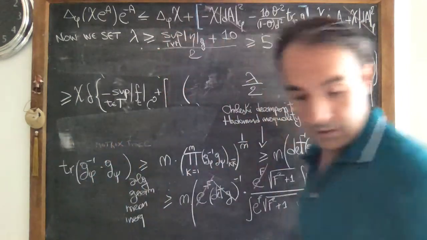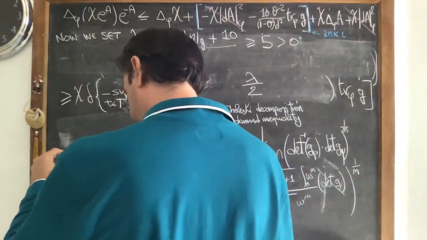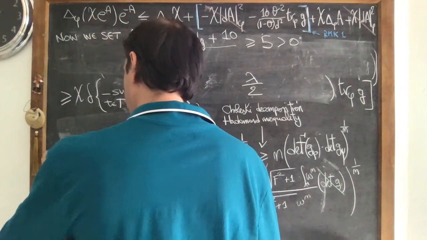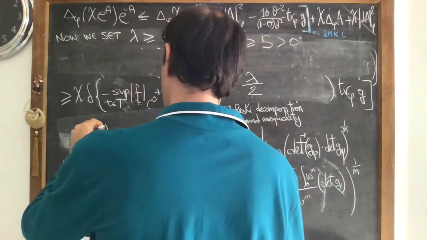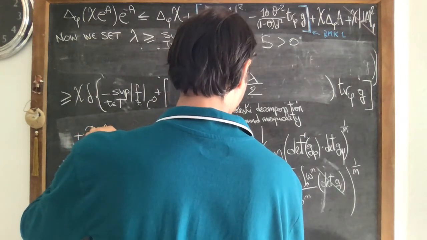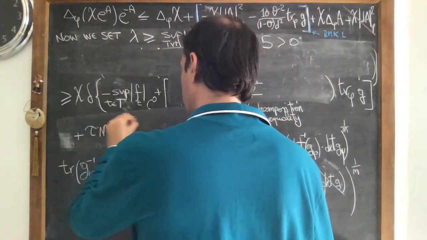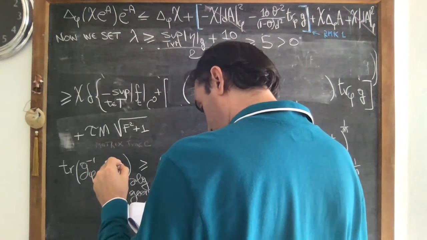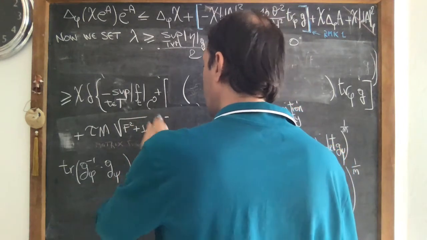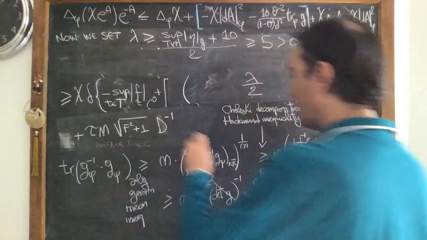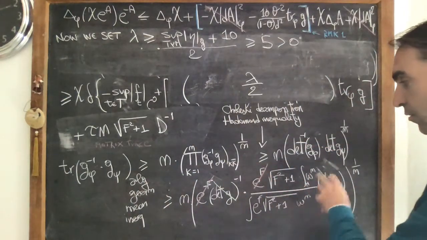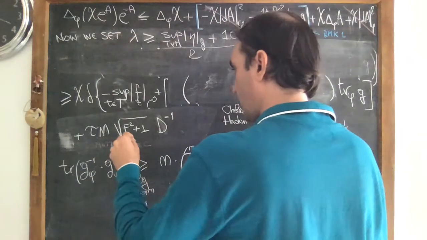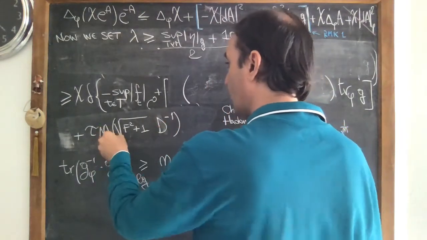So here we end up with plus tau times n times the square root of capital F squared plus 1, times D, capital E, D to the minus 1, which is a constant representing this ratio of integrals. We introduced this capital D when we first introduced C. Everything raised to the power 1 over n.